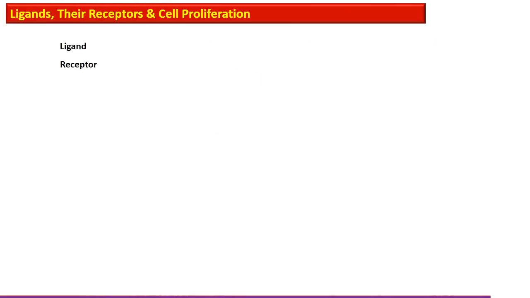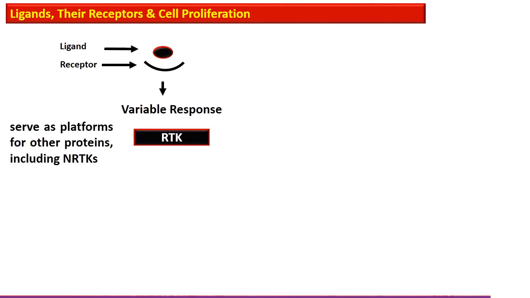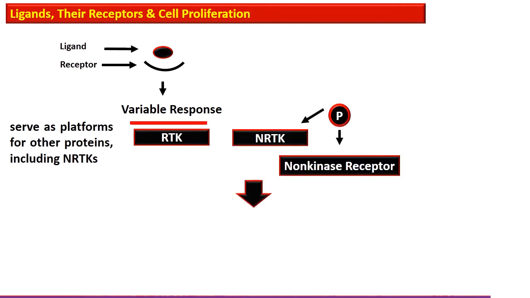The interaction between ligand and receptor will result in a response, and their interaction and the resultant response are variable. Many activated receptor tyrosine kinases and non-kinase receptors serve as a platform for other proteins including the non-receptor tyrosine kinase.